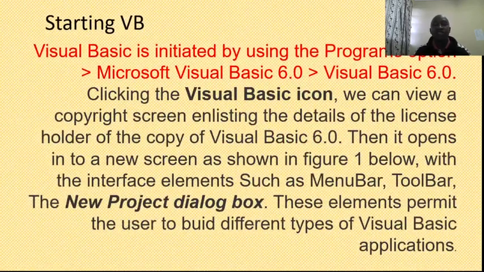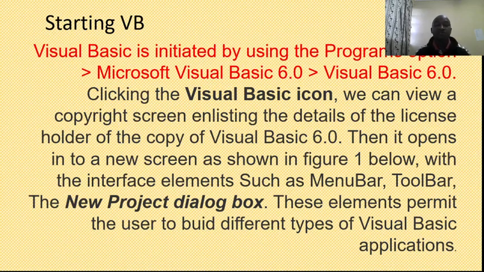Then, how do we start Visual Basic 6.0 or VB? Starting VB. To start VB, just like any other application, Visual Basic is initiated by using the Programs option. Therefore, you go to All Programs, then Microsoft Visual Studio 6.0, then you will see Visual Basic 6.